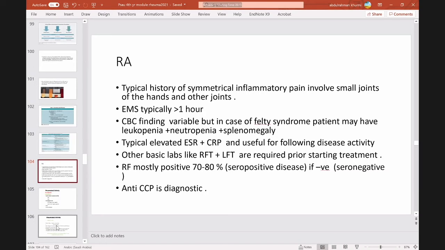If a patient comes with negative rheumatoid factor and negative anti-CCP, you have a 20 to 30% chance of having rheumatoid, and that's what we call seronegative. If we have rheumatoid factor and anti-CCP, this is seropositive. If we don't have them and the patient has rheumatoid, then this is seronegative arthritis.